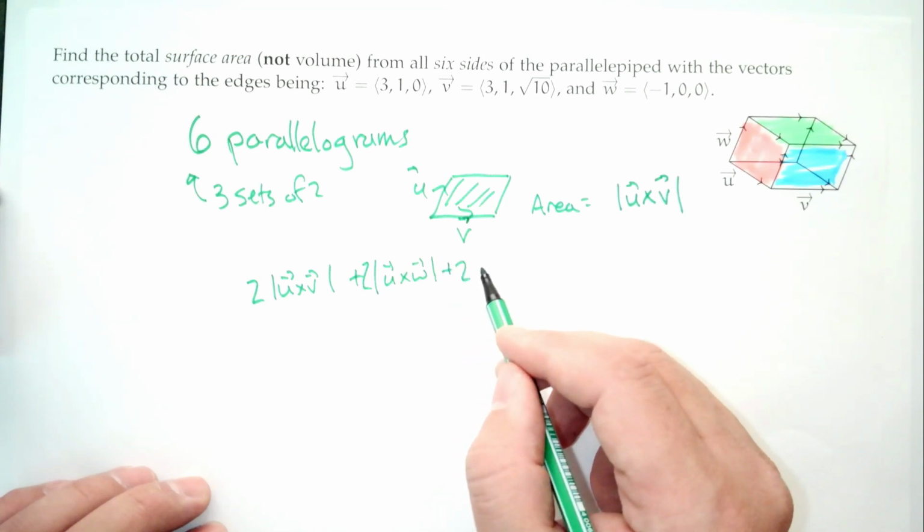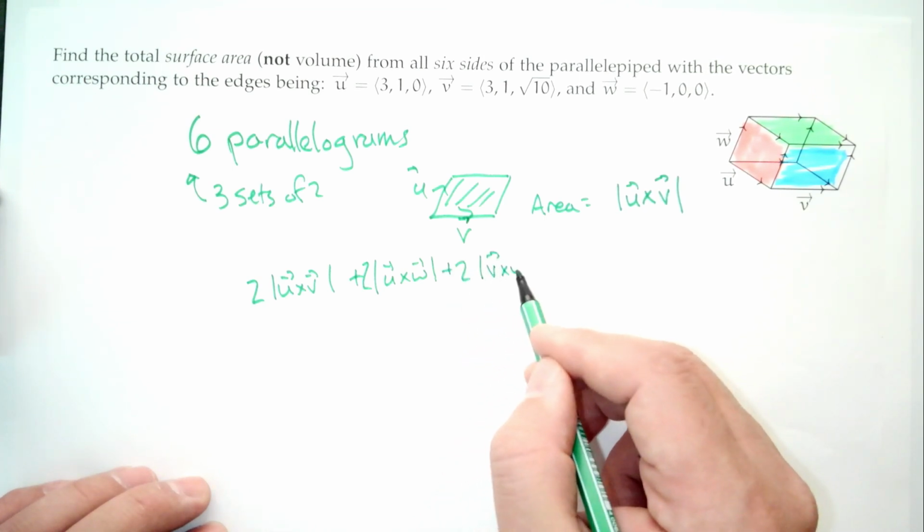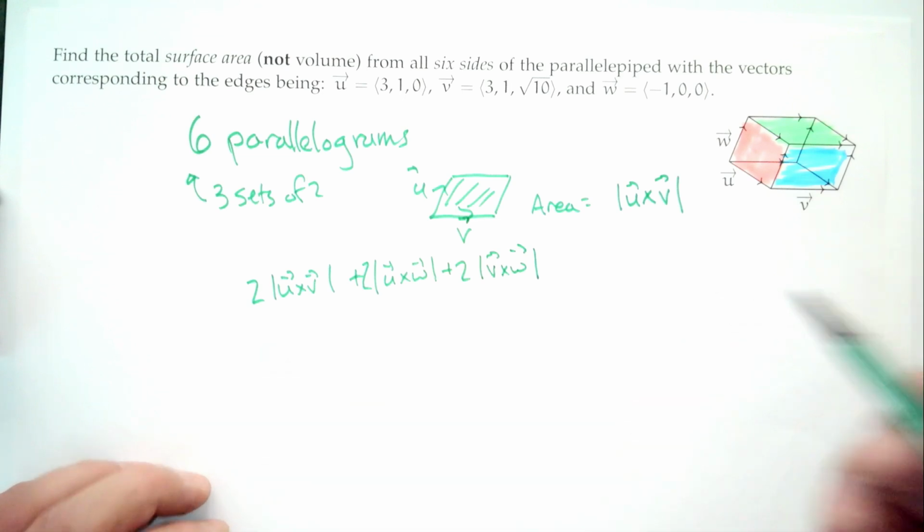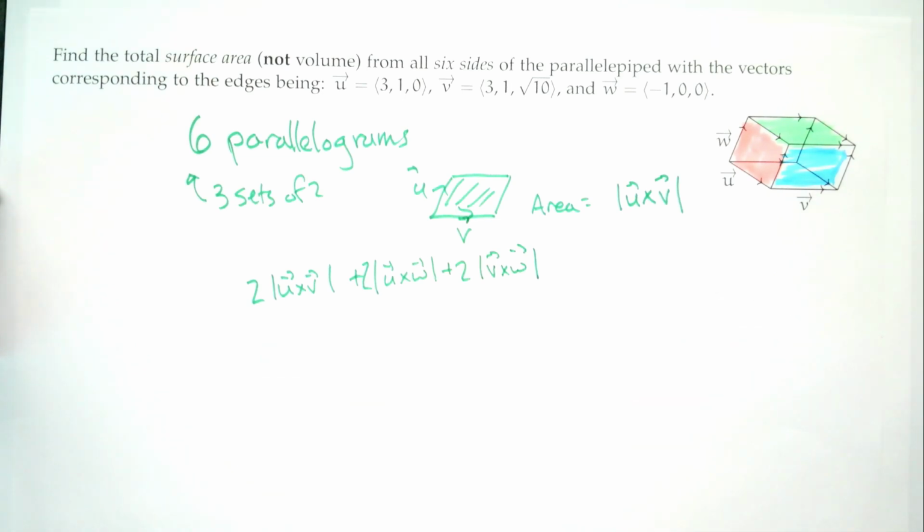Plus 2 times magnitude of v cross w. And then from here, it's just work. So it's a bunch of cross products, and it's trying to test you, do you remember how to take your areas? I think from here, there's really not much insight gained after this step. So I'll stop here for this problem.